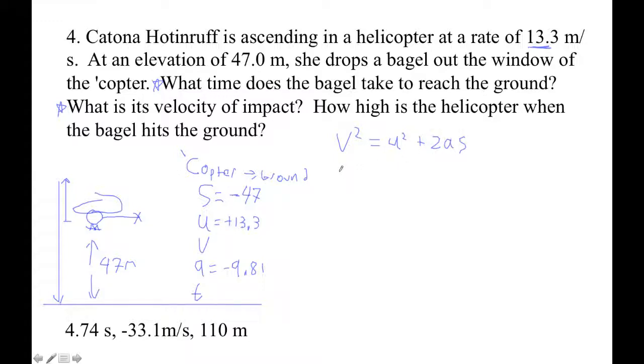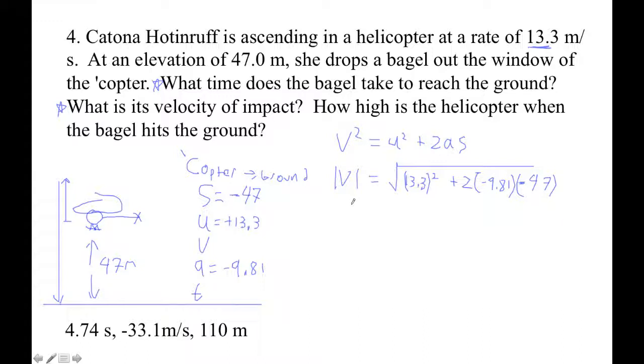The absolute value of v is the square root of 13.3 squared plus 2 times negative 9.81 times negative 47. And of course, what's going on here in basic mathematics is that this negative times a negative makes that term positive. You add something to that, and then you square root it. It's going to be bigger than 13.3.